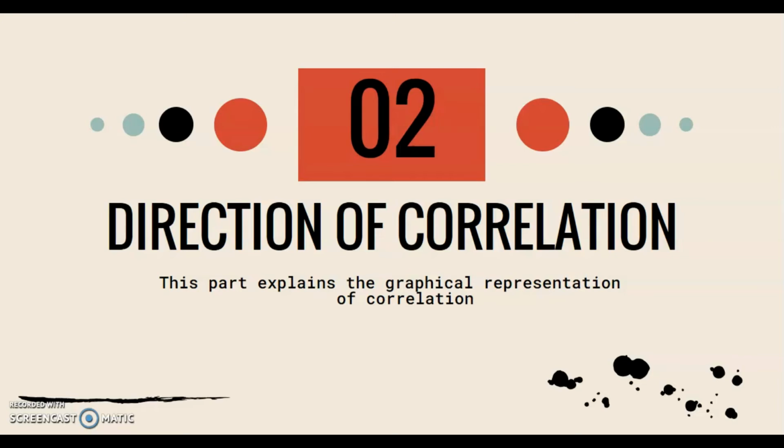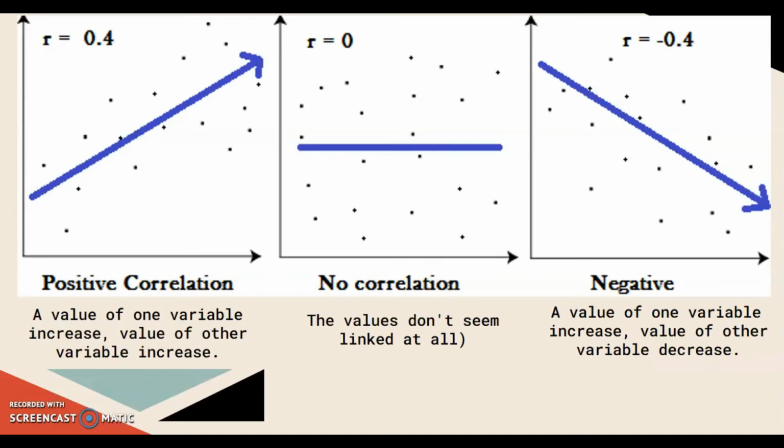And we have also here the direction of correlation. This part explains the graphical representation of correlation, if it is a high correlation or no correlation, or there is negative correlation of those values between two variables.